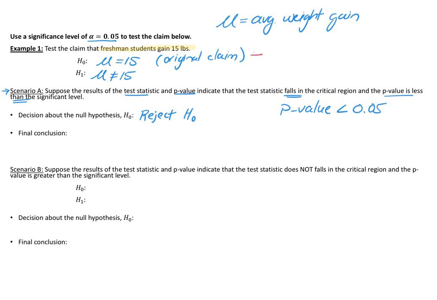Let me go back up to the hypotheses at the top. We are going to reject that the mean average weight gain is 15 pounds. So we're rejecting this. What does that mean?